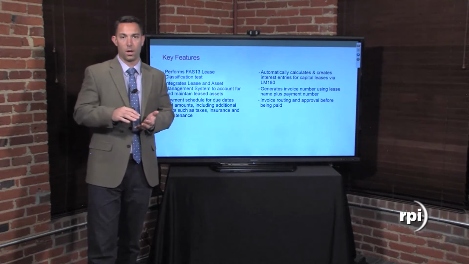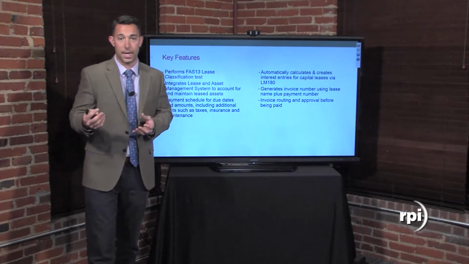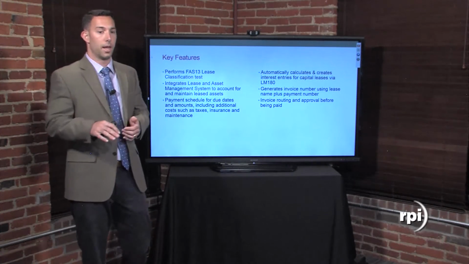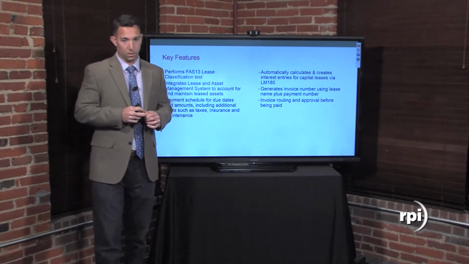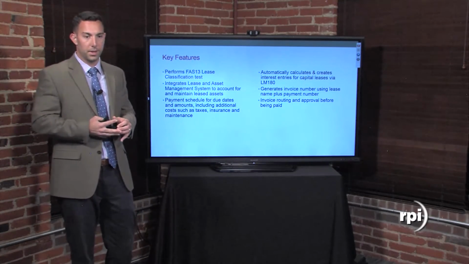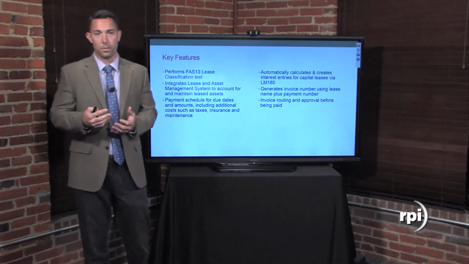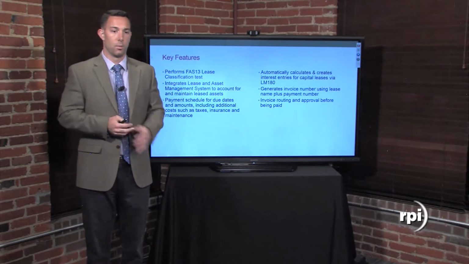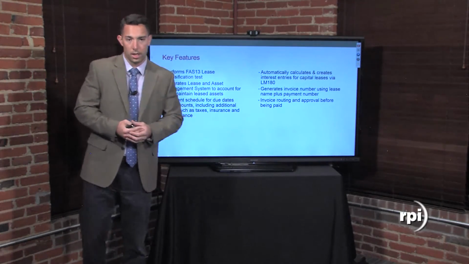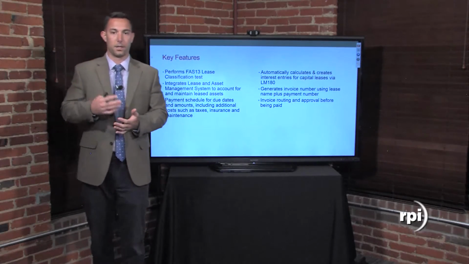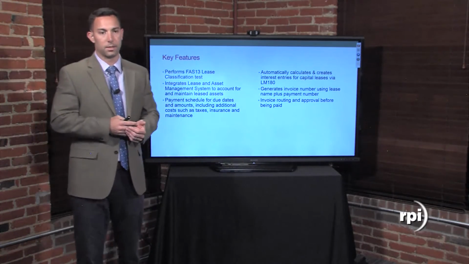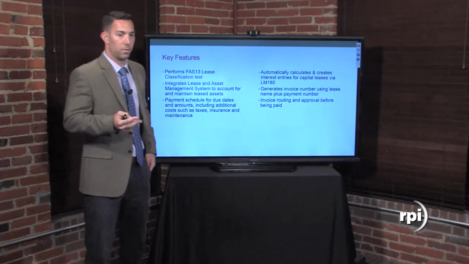And AP is not really worrying about what's being paid. They're just taking that information from the system and paying. So we have all those due dates set up in there. Again, you might miss a payment. So AP could easily miss a monthly lease payment. But if you have the system integrated, those due dates are there, and you make this part of your month-end process, and you'll never miss a lease payment.